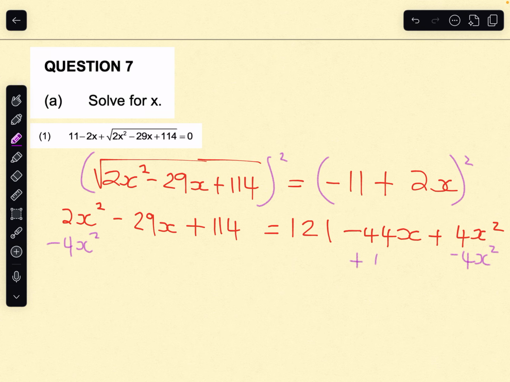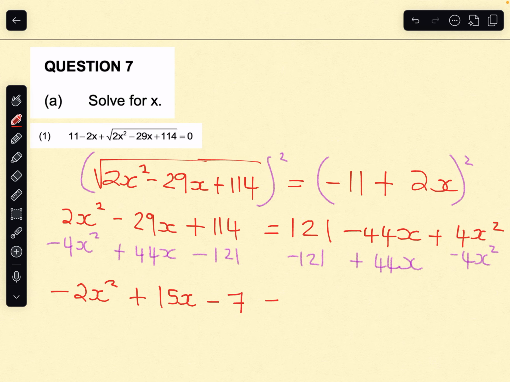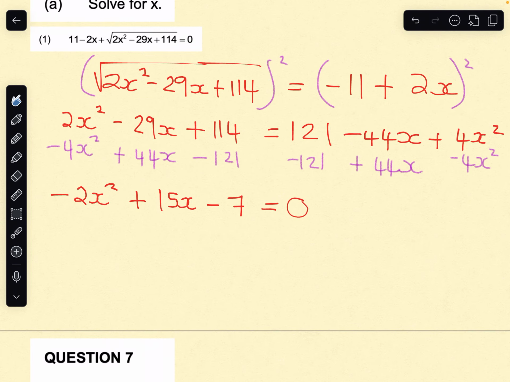We're going to plus 44x on both sides, and then minus 121 from both sides. So then we have minus 2x squared plus 15x minus 7 is equal to 0, which we can then put into the quadratic equation.